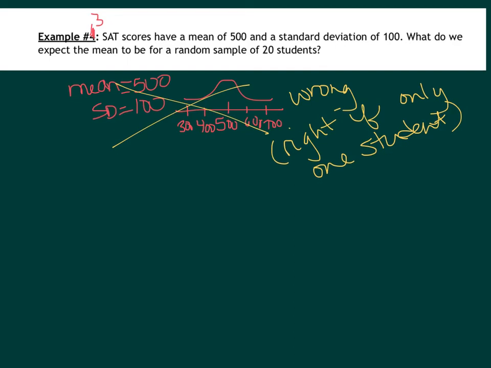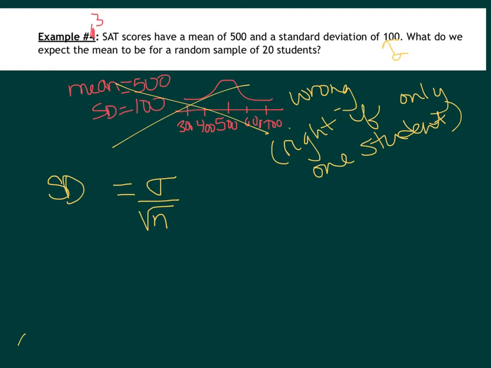So what we're going to do is use our formula, which is the population standard deviation. That's the one I gave you up there. This was my sigma right here. And it's going to be that over the square root of n.